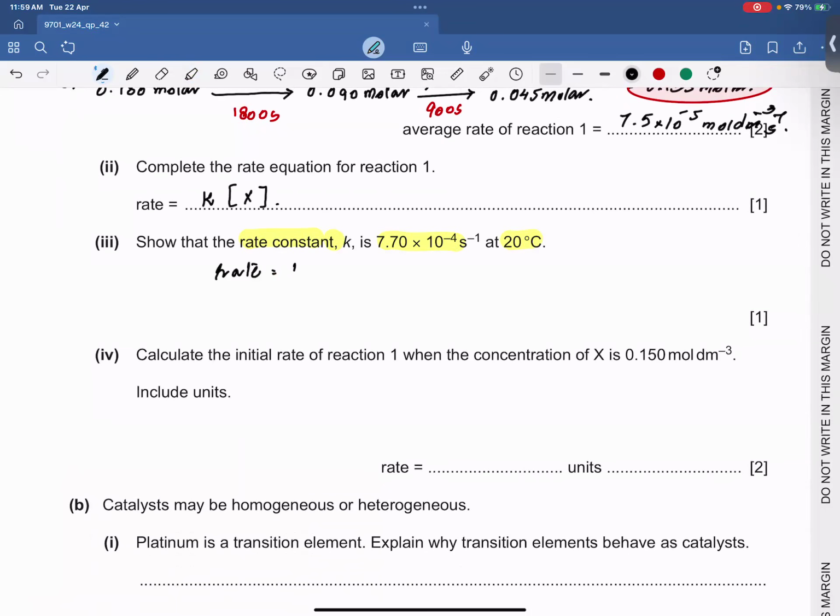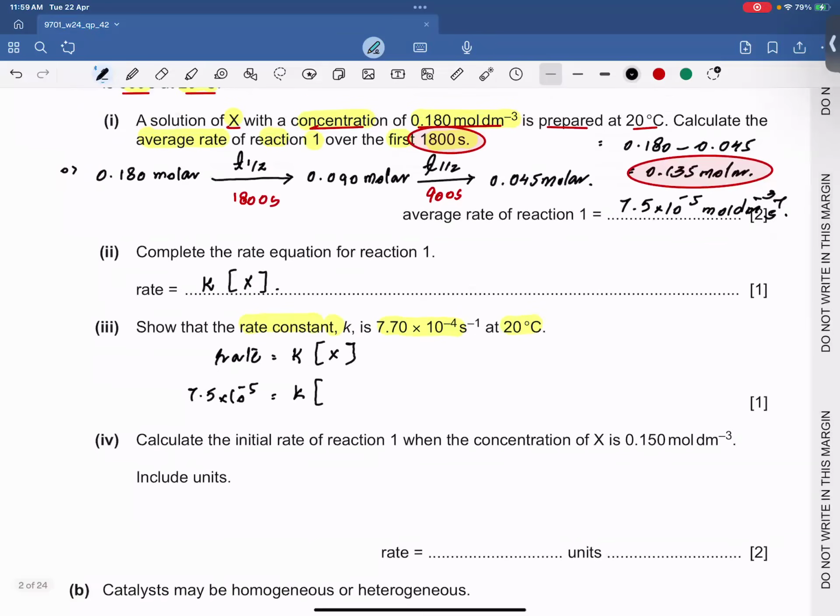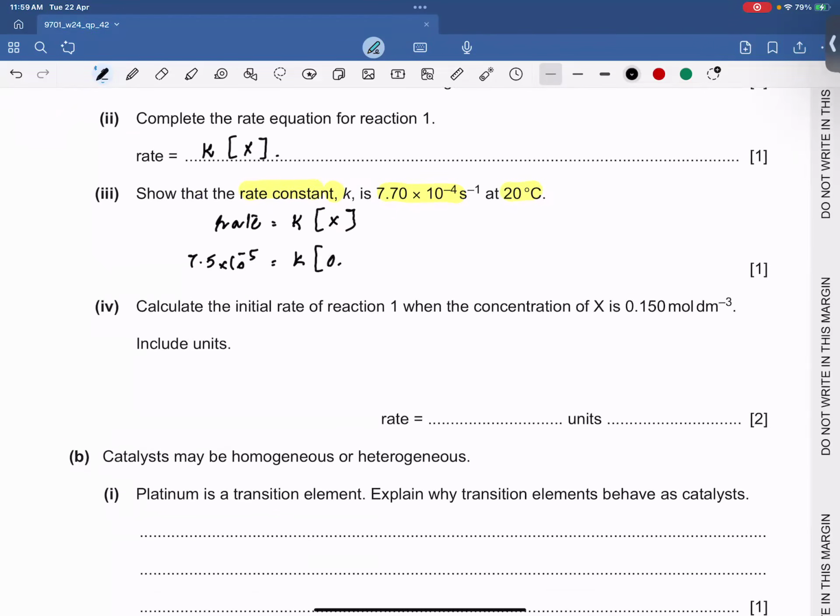Rate equals K concentration of X. The rate value we have already calculated, which is 7.5 into 10 to the power minus 5, equals K. Concentration of X is basically 0.18, so dividing by 0.180, it's going to be 4.166 into 10 to the power minus 4, and the unit is going to be second inverse.